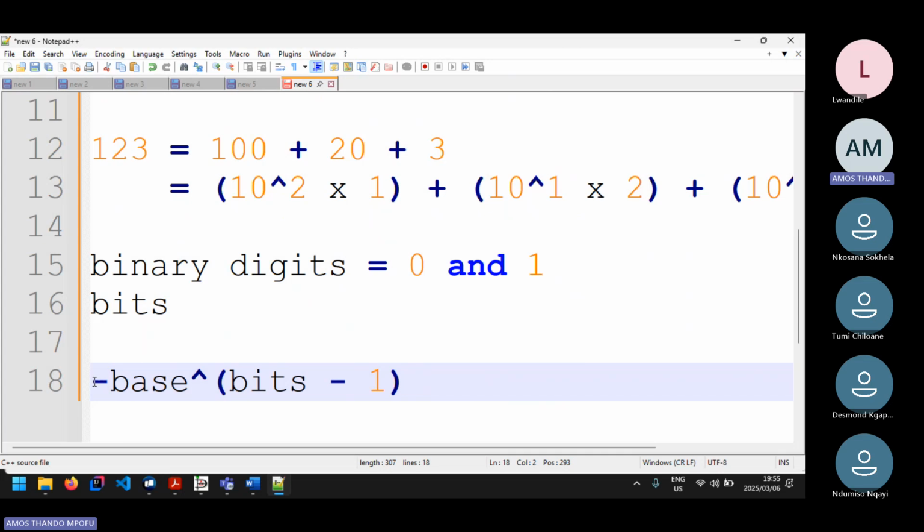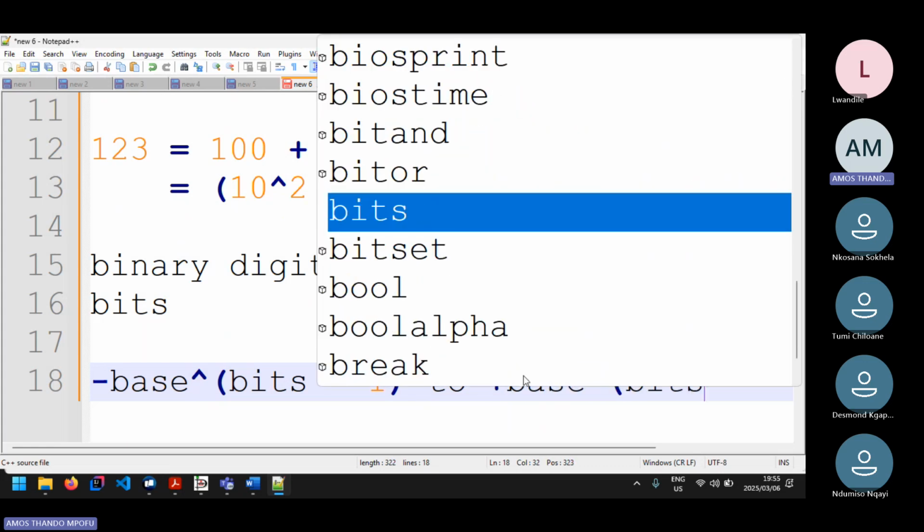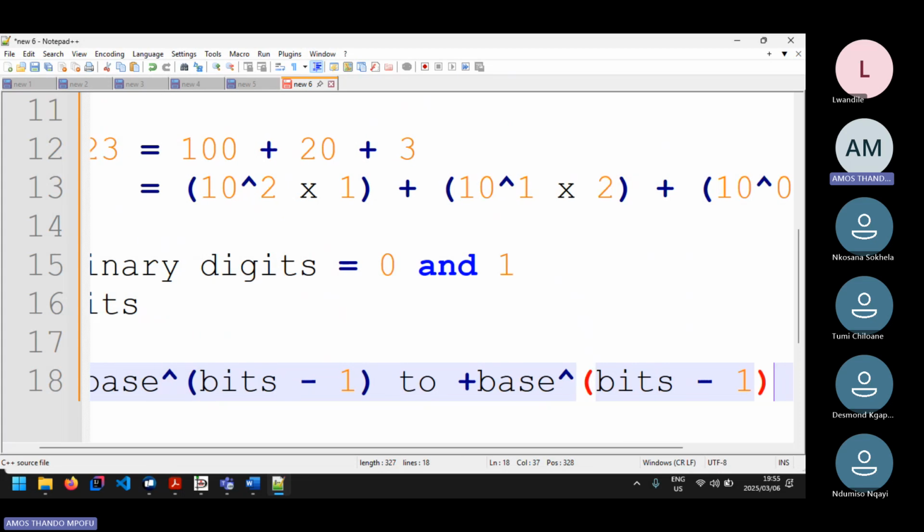So when you specify the range, we start from a negative range to a positive range. So I'm going to say minus base to the power of bits minus 1, to positive base to the power of bits minus 1.